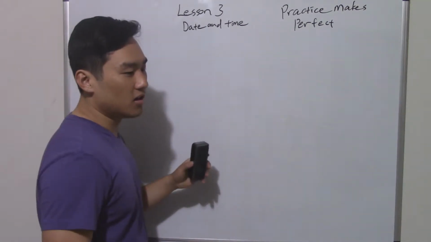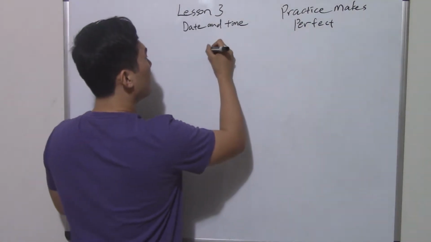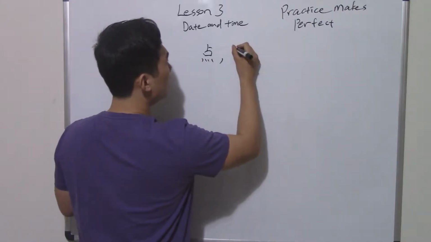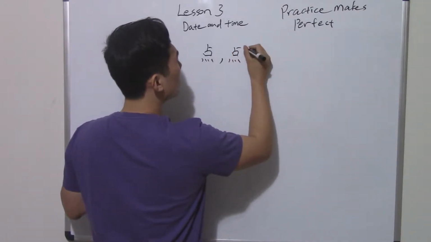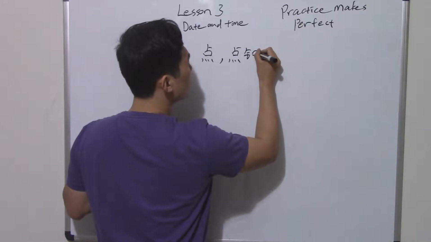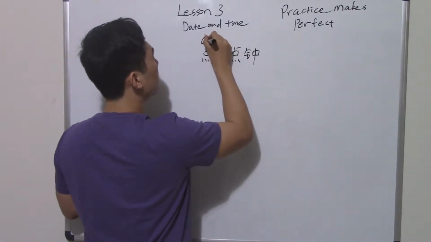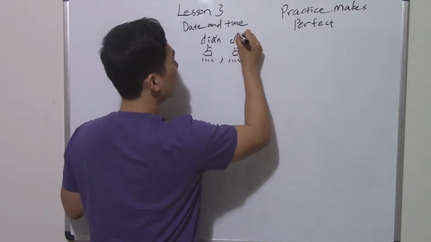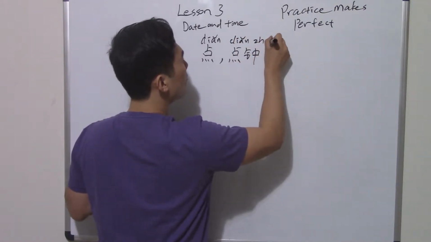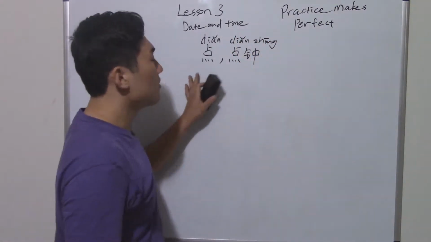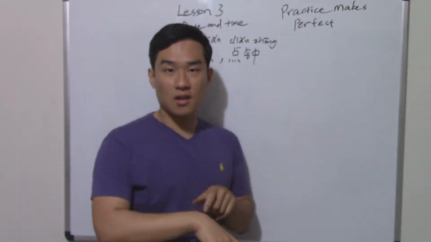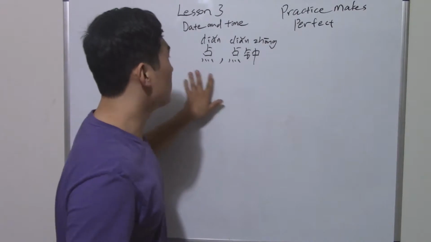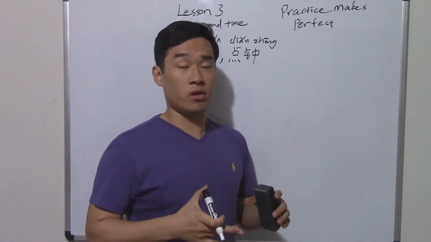So the vocab we'll be learning here will be 点 or 点钟. What 点 basically means is o'clock, the apostrophe o, o'clock. That's how we tell hours.